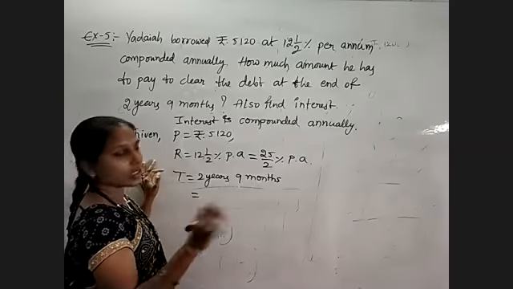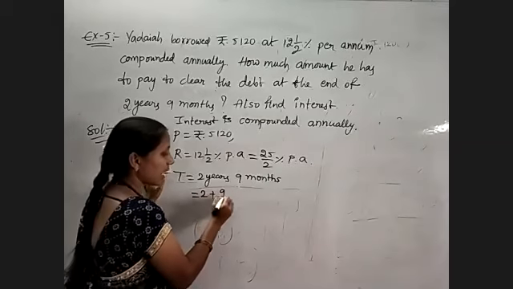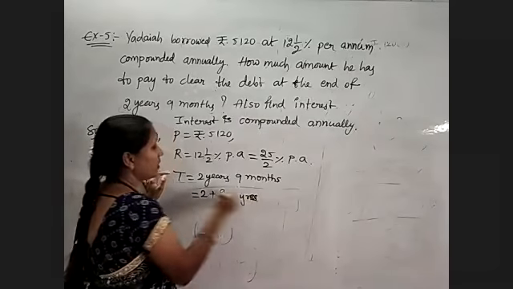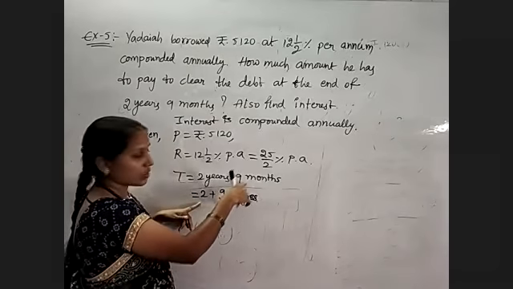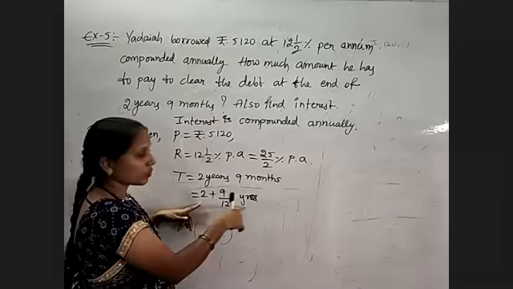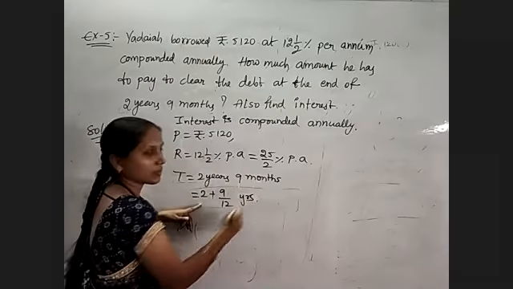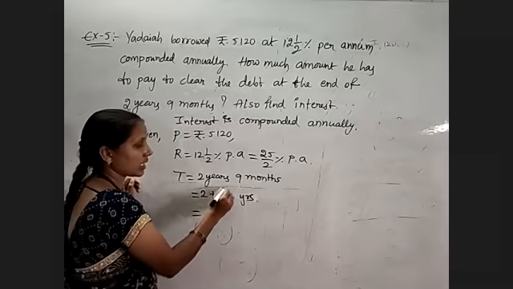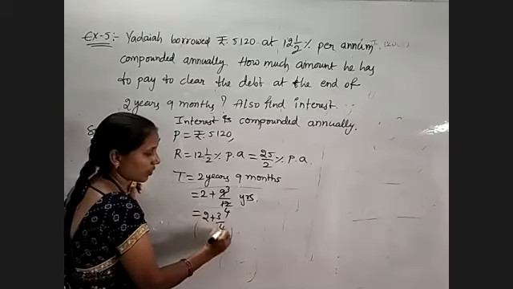So divide 9 by 12. 2 plus 9/12 years. Already 2 is in years; the 9 months we have to convert, so divide 9 months by 12 to convert into years, because 1 month is equal to 1/12 years. Now 3 3s are 9, 3 4s are 12, so 2 plus 3/4 years.